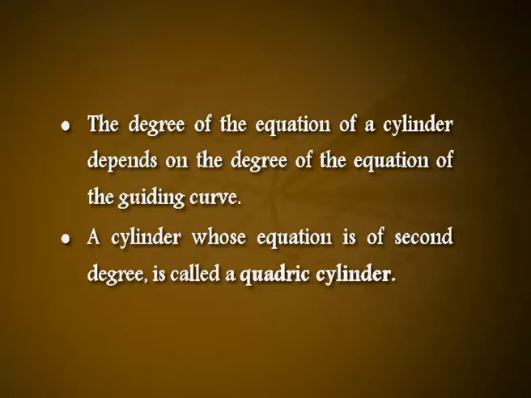A cylinder whose equation is of second degree is called a quadric cylinder. Definition: enveloping cylinder. The locus of the lines drawn in a given direction or parallel to a given surface is called the enveloping cylinder of the surface.